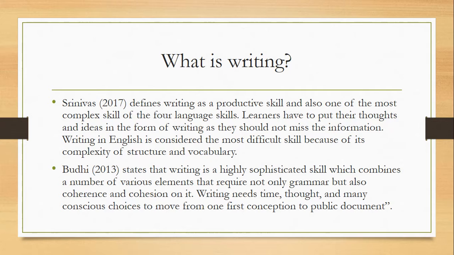Then we have another definition from Boyd, 2013, who states that writing is a highly sophisticated skill which combines a number of various elements that require not only grammar but also coherence and cohesion. Writing needs time, thought, and many conscious choices to move from a first conception to a public document.